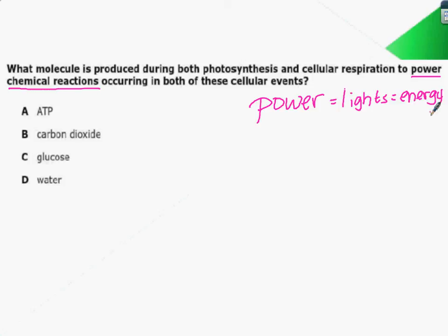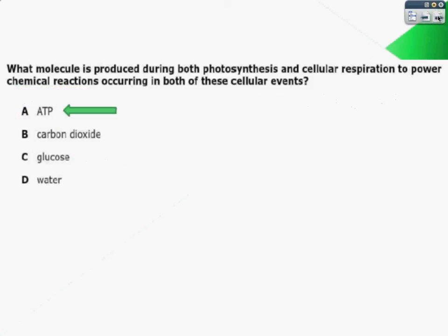Power is a measurement of how much energy is needed, or how much work is being needed or accomplished. And so when we talk about energy, again, we're talking about ATP. ATP is energy storage. Glucose is also energy. That's energy in the form of sugar. But ATP is energy storage. And so that yields that A is the correct answer.